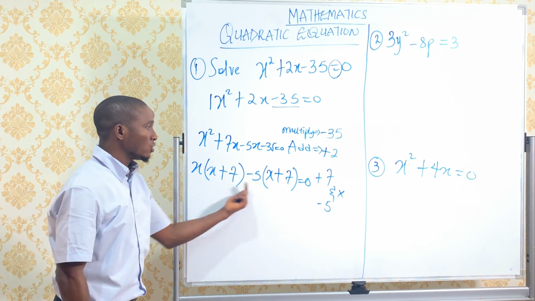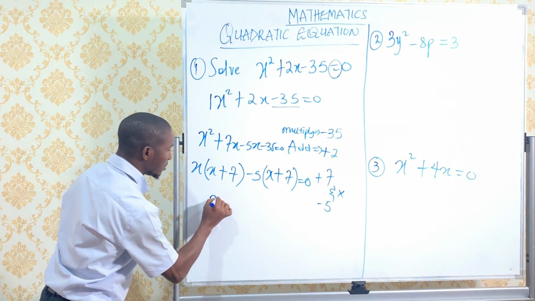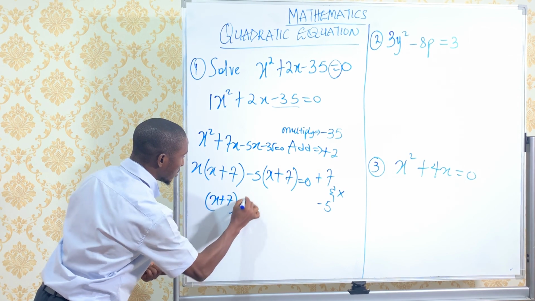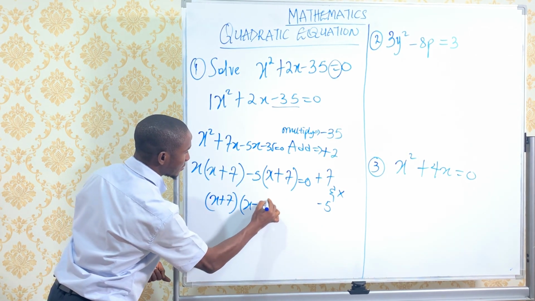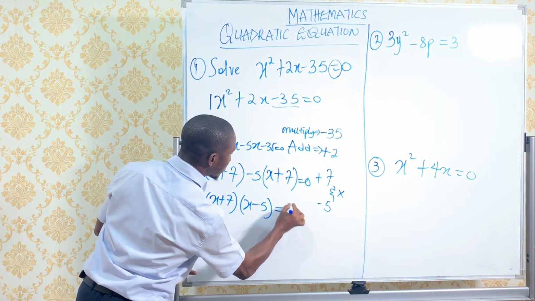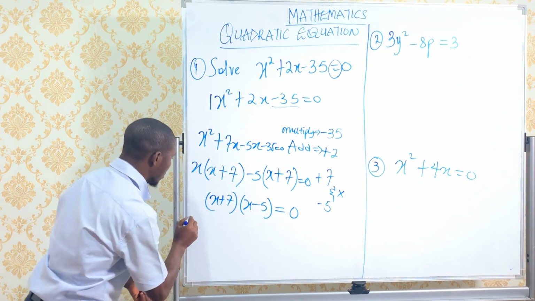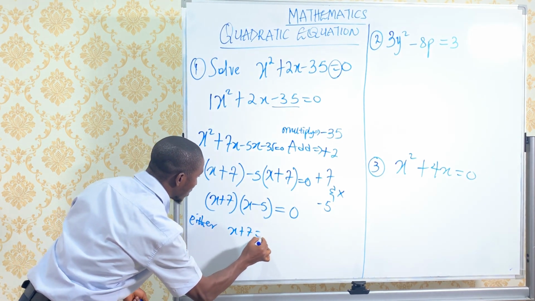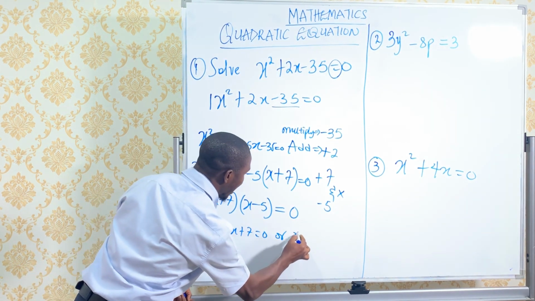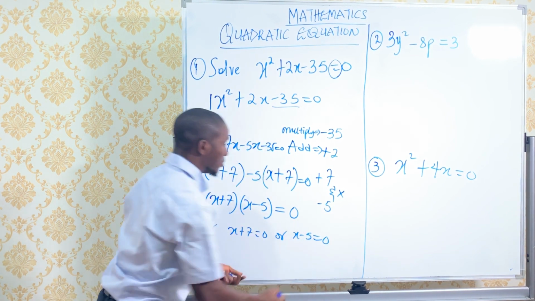Now, x plus 7 is common to both, so pick one x plus 7, and x minus 5 equals 0. This will now give us either x plus 7 is equal to 0 or x minus 5 is equal to 0.